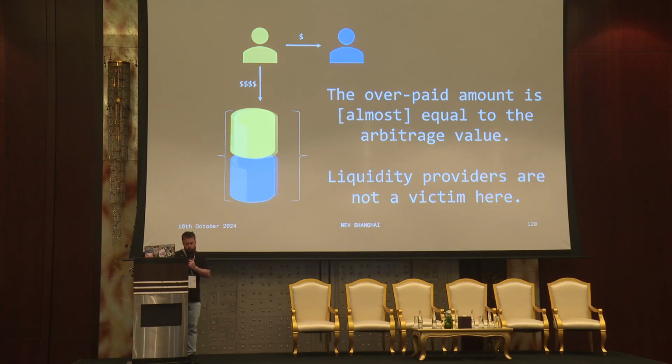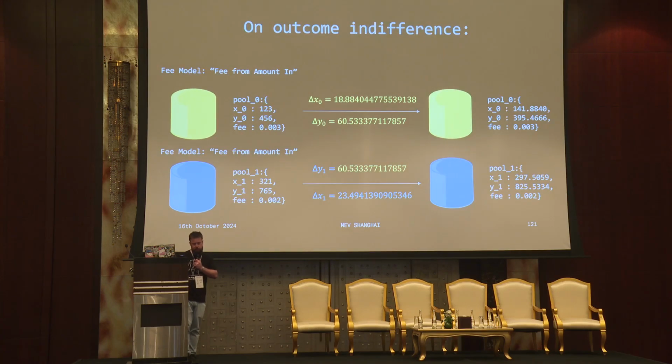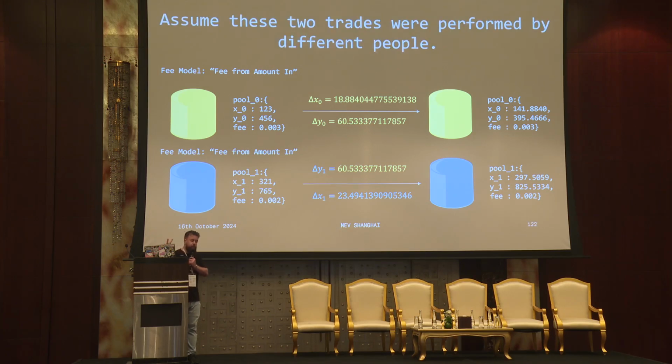And there's an elegant proof for the fact that liquidity providers don't lose out from arbitrage trading, by considering the fact that arbitrage gets closed all the time by people who aren't arbitrageurs, or who don't actually extract any value from the system. So consider that these two trades may be performed by different people.